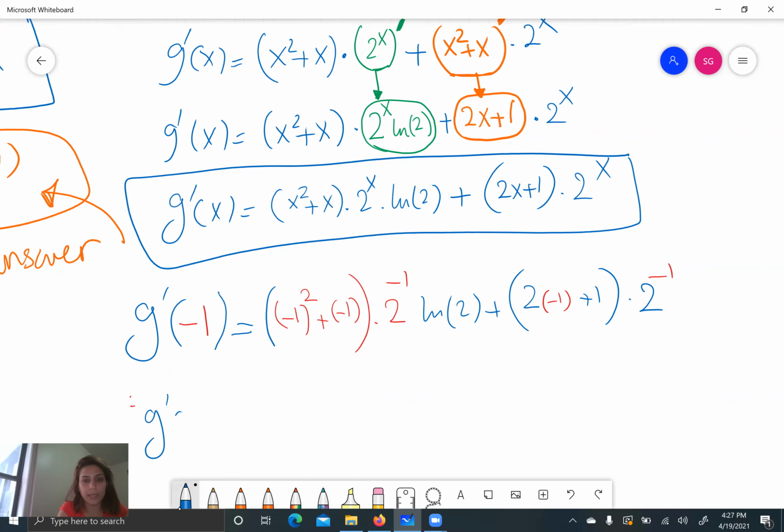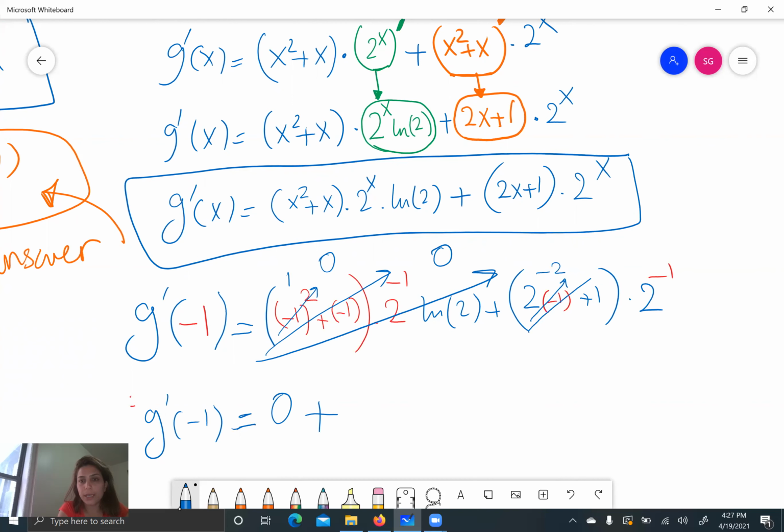So g prime of -1 is going to be: -1 squared is 1, 1 minus 1 is 0, and 0 times anything is 0. So the first term is 0, plus 2 times negative 1, which is negative 2. Negative 2 plus 1 is negative 1.